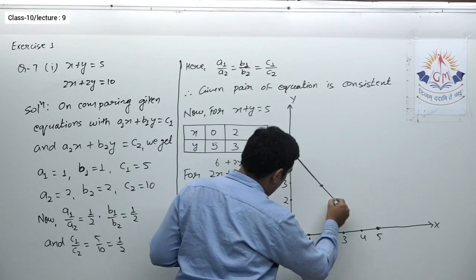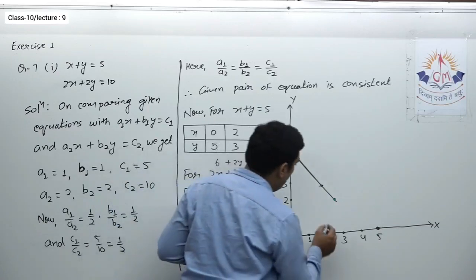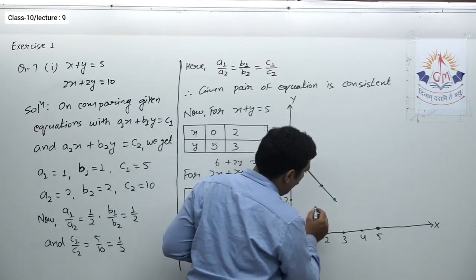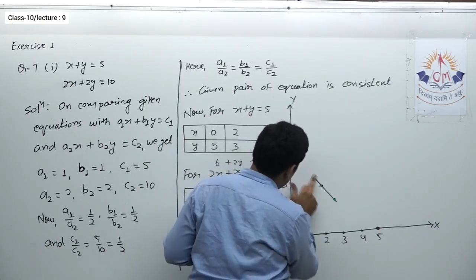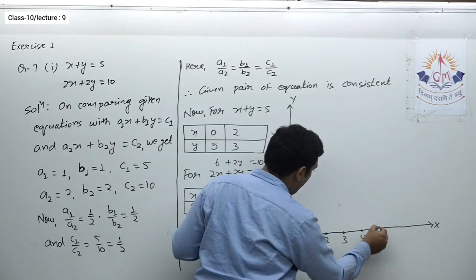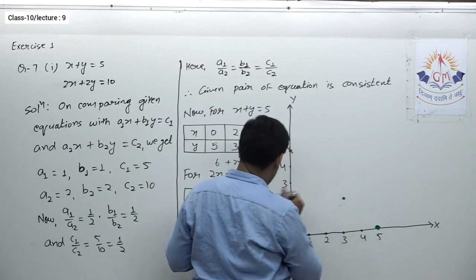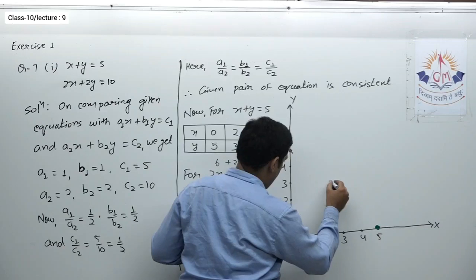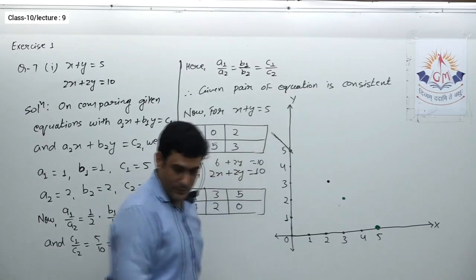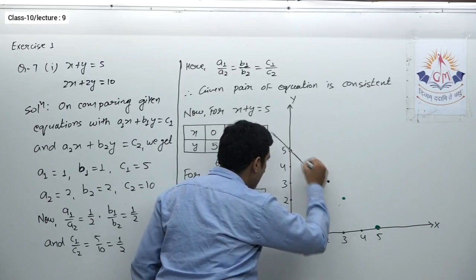This will be the first point for the second equation, and x 5 y 0. That was the point over here. So for the first equation, this was the line of the first one.